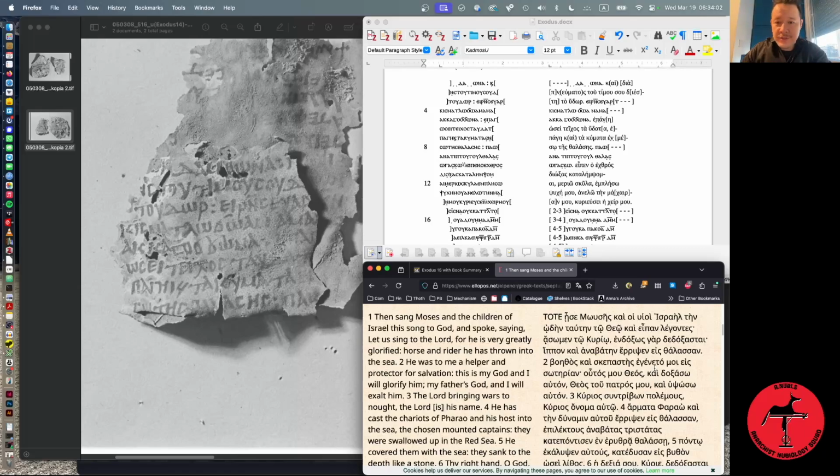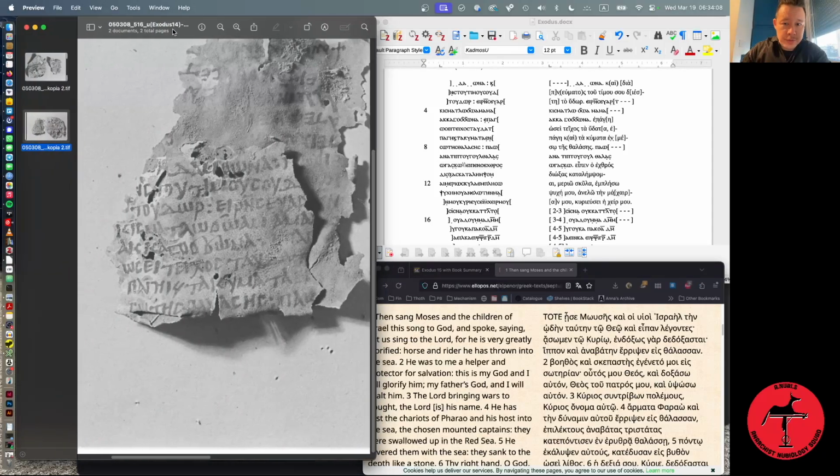And what is interesting here is that this is a bilingual text, Greek and Old Nubian. What we know about these bilingual texts is that they're usually psalms, and indeed, the other leaf contains a psalm.